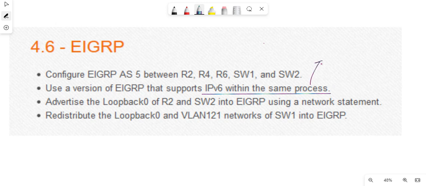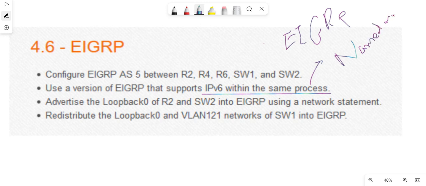It means that we have to use EIGRP named mode. EIGRP can be configured in two modes. One is traditional or classic, the other one is named mode.